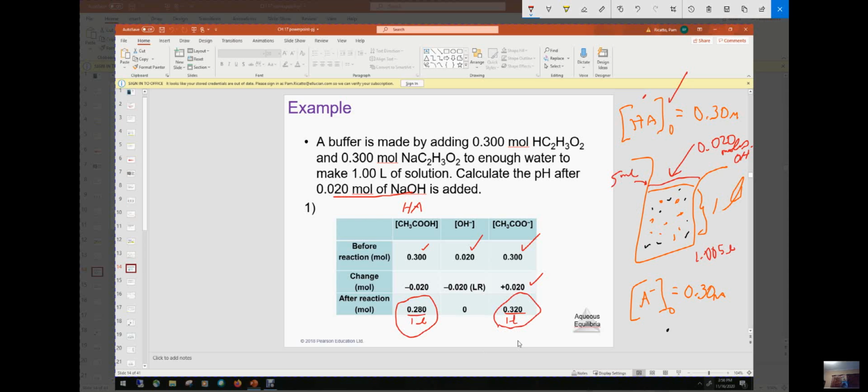Okay, now, the nice thing about the Henderson-Hasselbalch equation is if you have the equilibrium concentration of the acid and the base, you can calculate pH, right? pH is equal to the pKa of the acid.